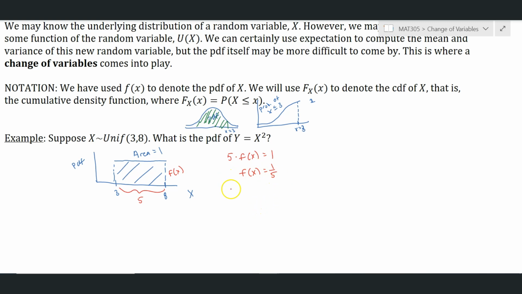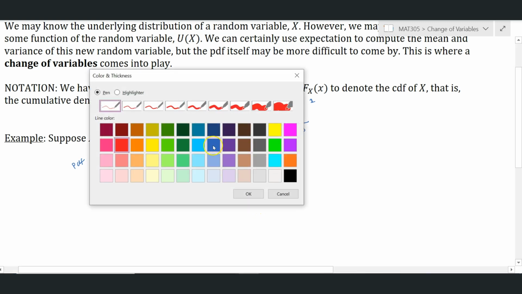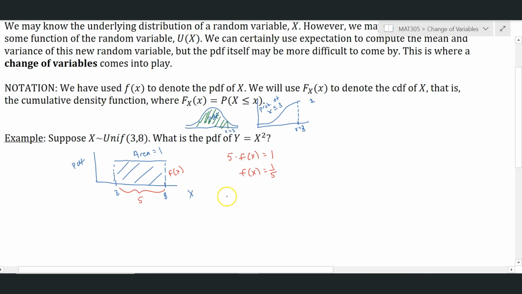begin by writing the CDF of y. It just works out to be a little bit easier, as you'll soon see. So the CDF of y, the cumulative distribution function of y, would be, by definition, the probability that this new random variable capital Y is less than or equal to little y. All right, so that's the definition of it. And that further means capital Y is equal to x squared.